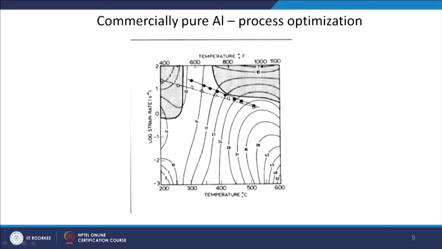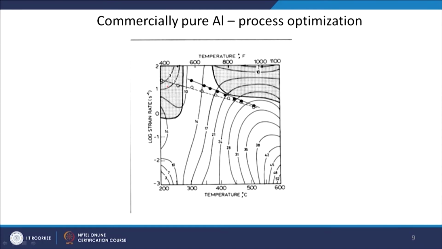So, this open circle is the initial process applied in an industry to do the processing of aluminum. After the processing map was generated, it was found that two conditions are in the unstable region. Again, you want good productivity and you do not want large heating.